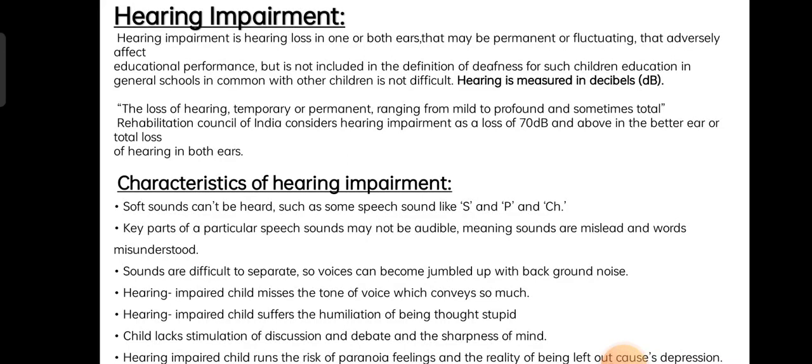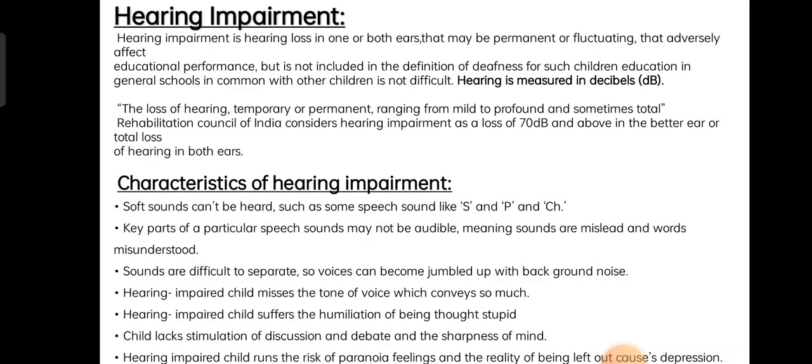So here in hearing impairment, first of all, I told you PWD means a person with disability. According to that act, PWD 1995, we have seen in the first slide, the definition of disability includes hearing impairment.